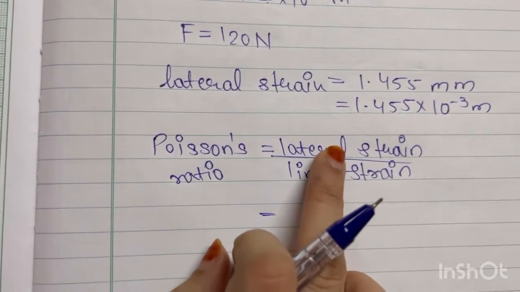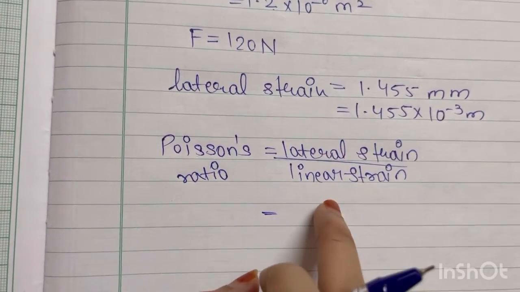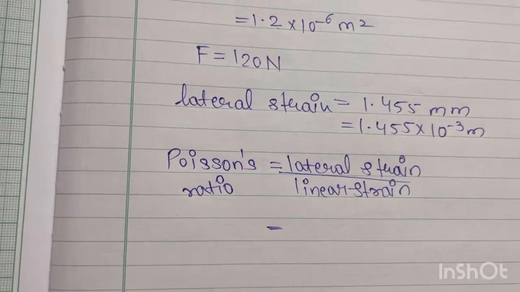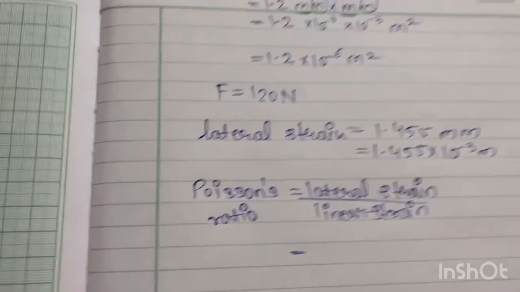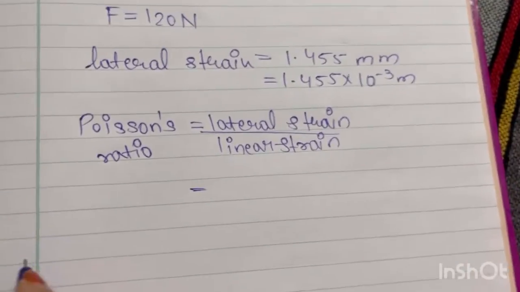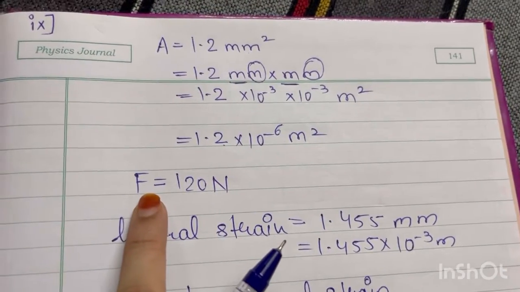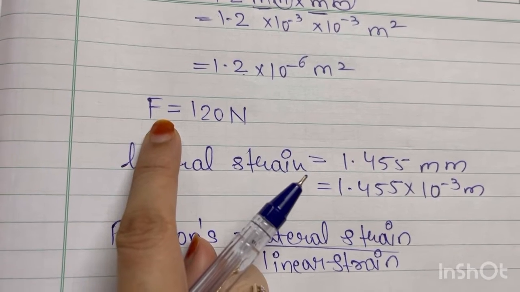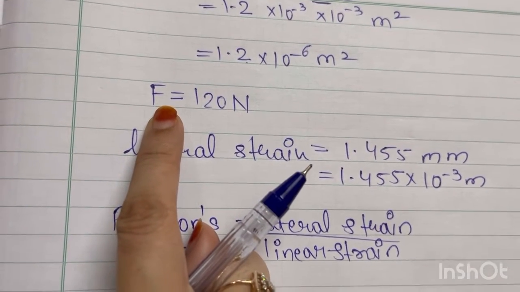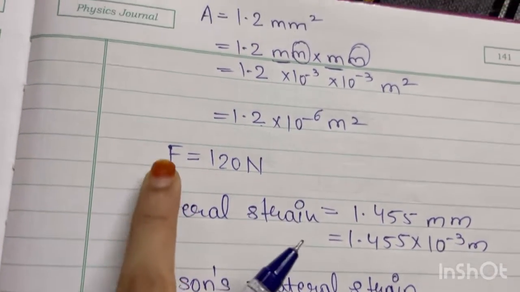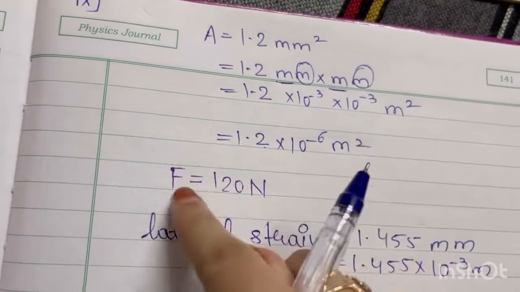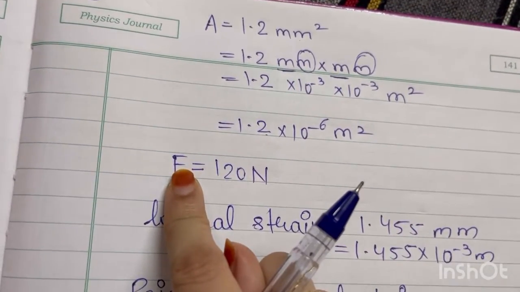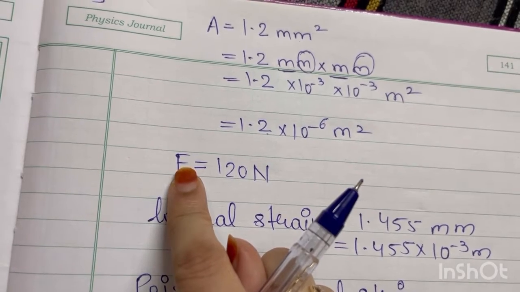Now you have lateral strain with you. Now let's see what is linear strain. For linear strain, okay, here you have force. Now force is in the formula of Young's modulus. One more thing, force and area, both of them are seen in the formula of stress.